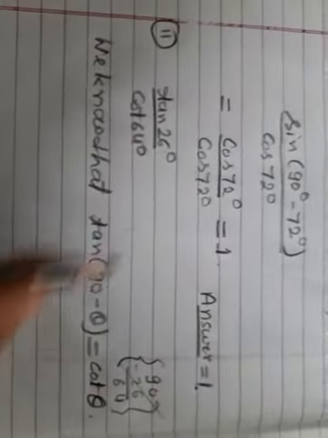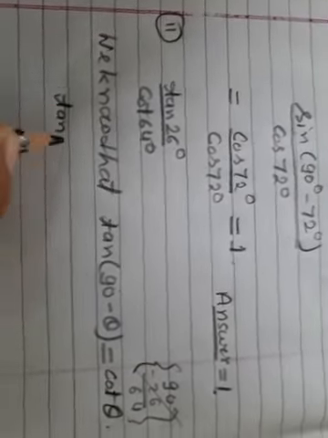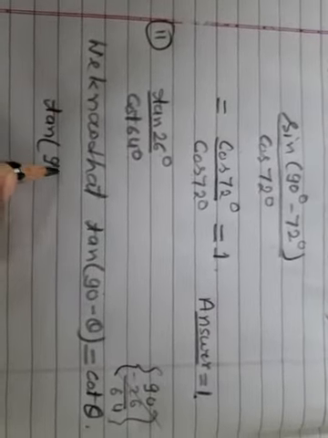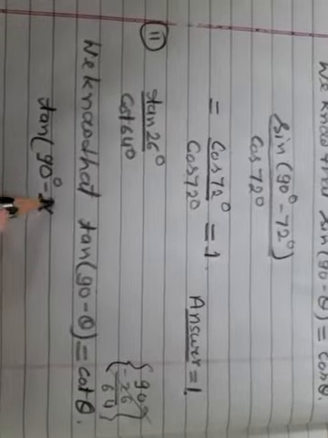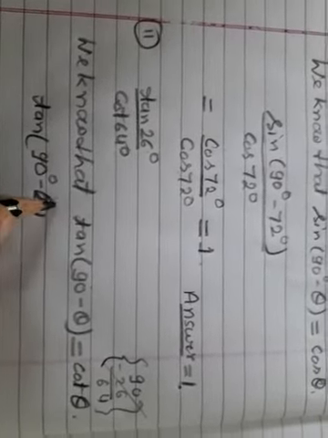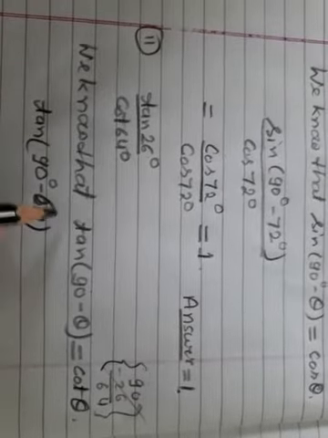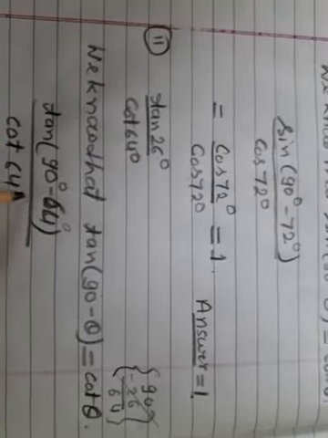Now this is the right one: tan of (90 minus 64) degree upon cot 64 degree.